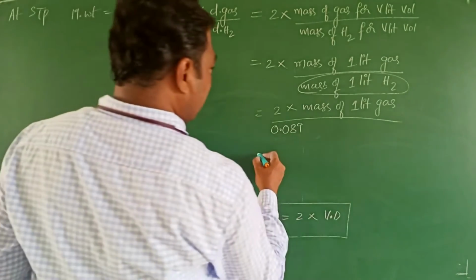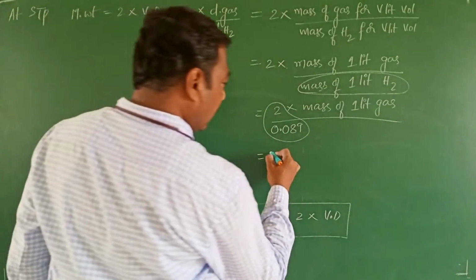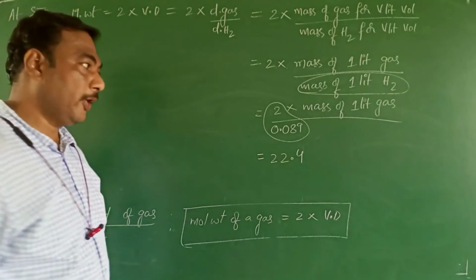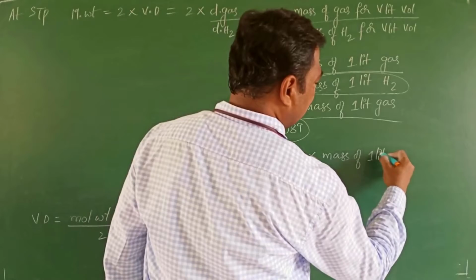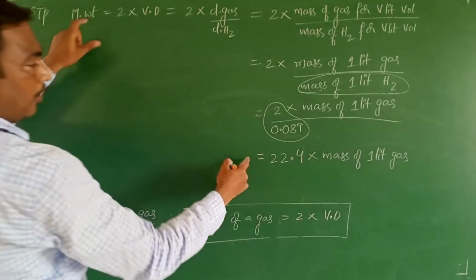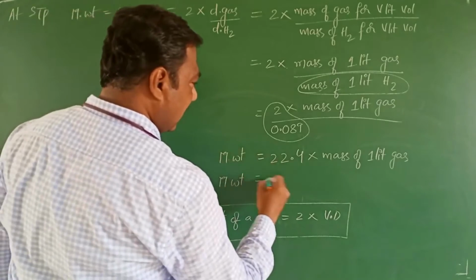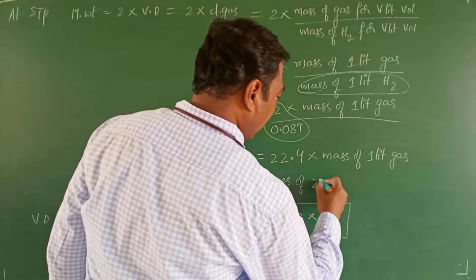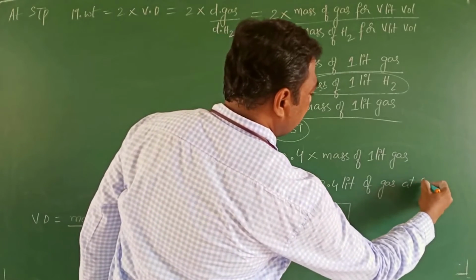Now, 2 divided by 0.089 gives a value of 22.4. So 22.4 into the mass of 1 liter gas is nothing but the molecular weight. Or else, you write that molecular weight is nothing but the mass of 22.4 liters of gas at STP.